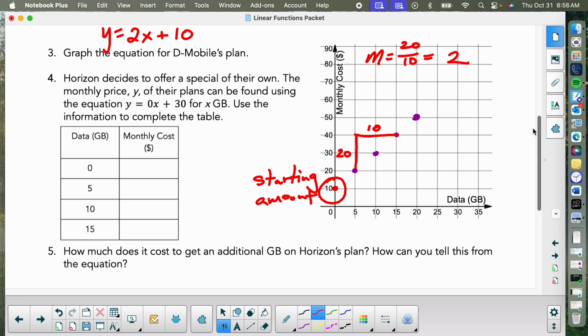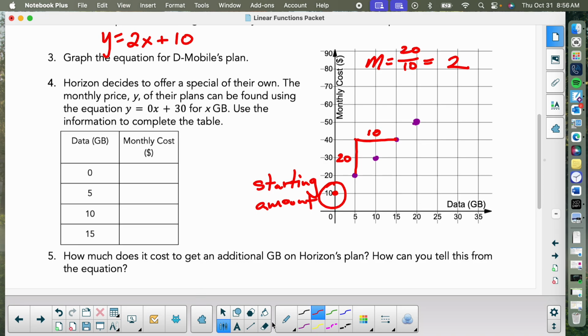Okay. Now, question number 4 is Horizon. Horizon says they are doing their own special. It says the monthly price of their plans can be found by using the equation y equals 0x plus 30. Do you guys think you could fill out that table on your own?